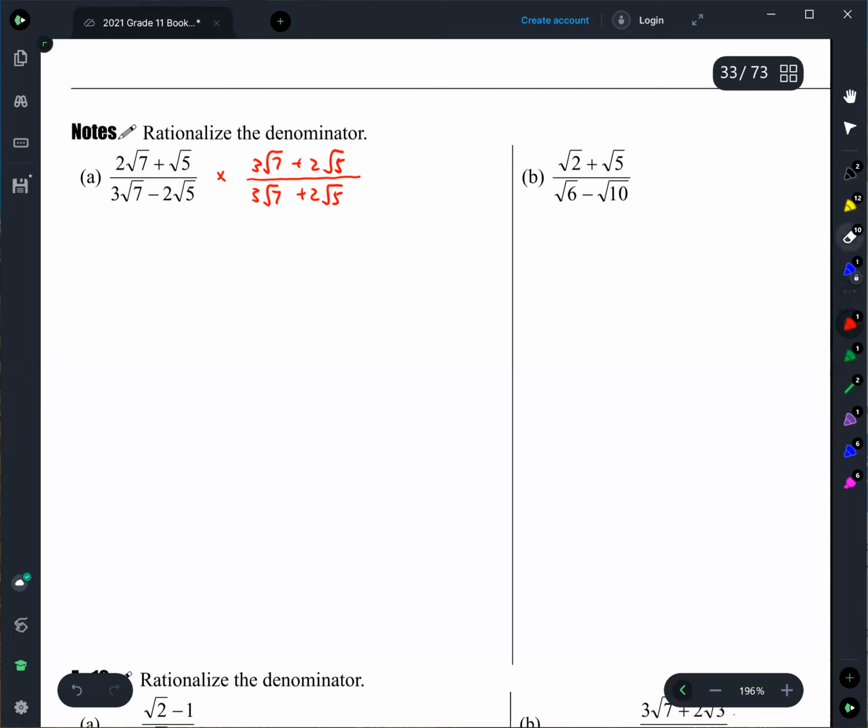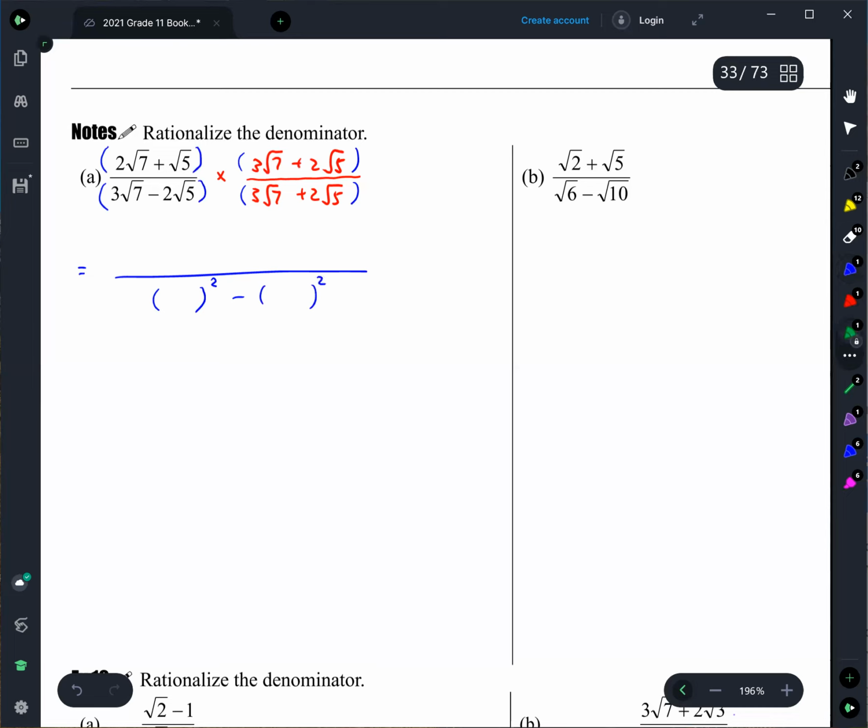So we'll start with the denominator. Okay, the denominator has the conjugate, right? If you like, you can put brackets around each of them because you have two terms, right? So the denominator will be a squared minus b squared.